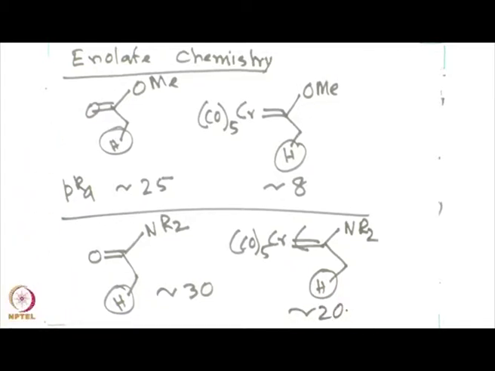So, this tells you that this is directly comparable, the enolate chemistry, or the pKa value you can have is quite low. Low pKa means it is more acidic. This part, when you have this CH3 attached to chromium pentacarbonyl, is much more acidic compared to when the CH3 is part of an ester.